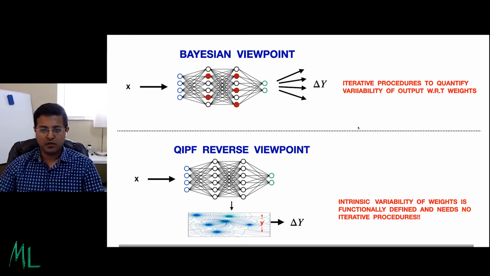So to give you another way of differentiating this from the Bayesian viewpoint, you can visualize the Bayesian method of quantifying uncertainty as involving iterative procedures that quantify variability of the output with respect to the weights. So in this particular example, you drop certain weights and evaluate how the model output varies in the output space around a particular output.